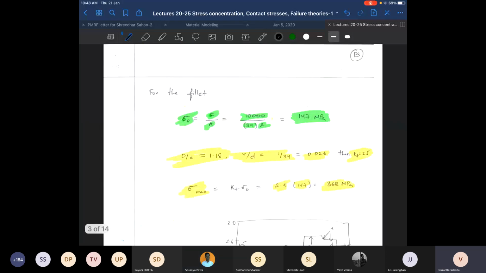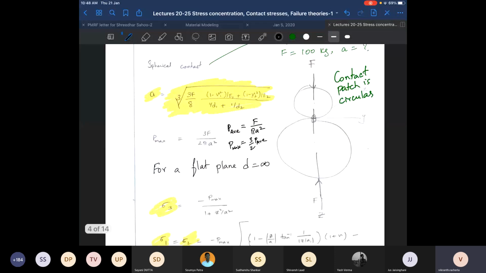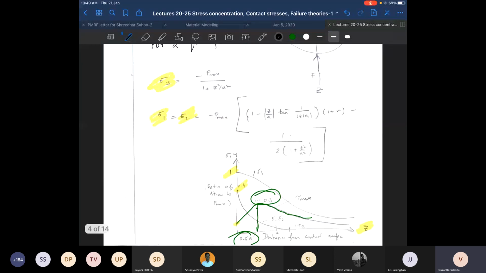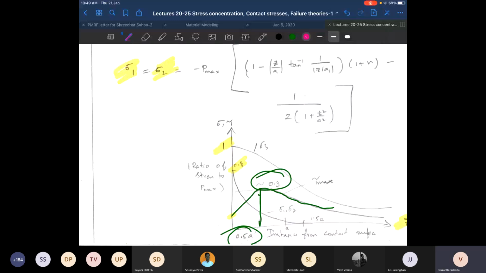Yeah, so this is spherical contact. Let me use different colors. The pink one is sigma 3, meaning along the z direction, along the depth direction.